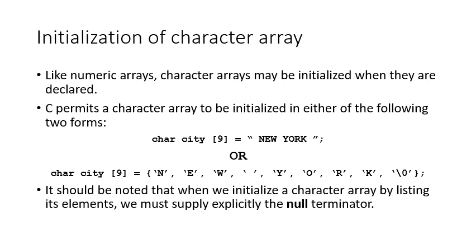So it should be noted that when we initialize a character array by listing its elements, okay, by listing its elements means writing each and every character, we must supply explicitly the null terminator. It is mandatory. So if you don't provide this, the system will never be able to understand what is the end of this string.